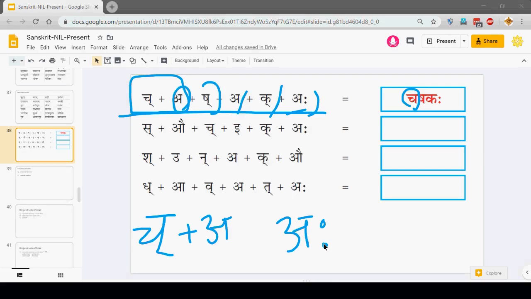So each word can be totally split like this into what it contains. It contains individual consonants and vowels too.